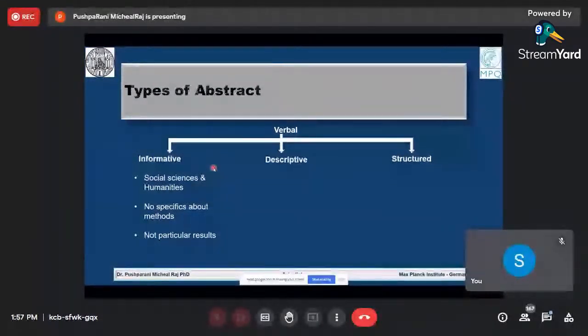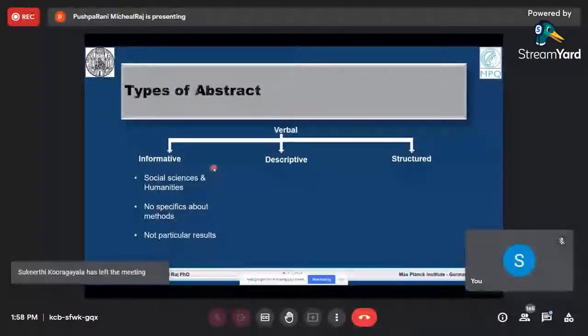But I would say do not stick to the conservative method of writing. Try to set some trends, go for some graphical representations. Even in social sciences and humanities, you can come up with innovative ideas and not particular results. It is going to be informative. It is going to be about a study, which is just a hypothesis until then.